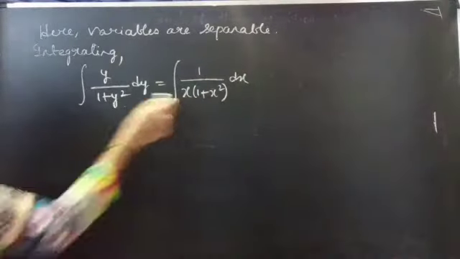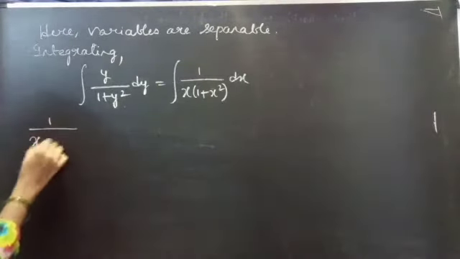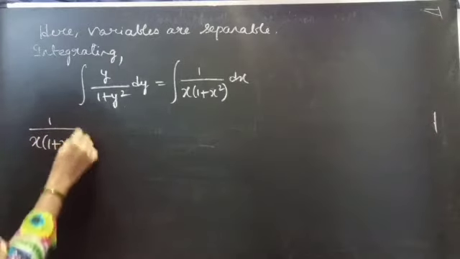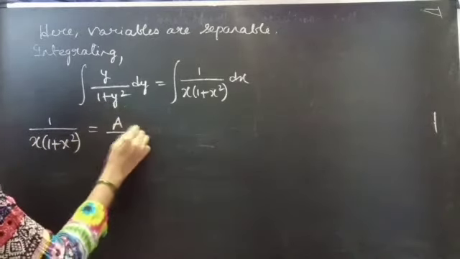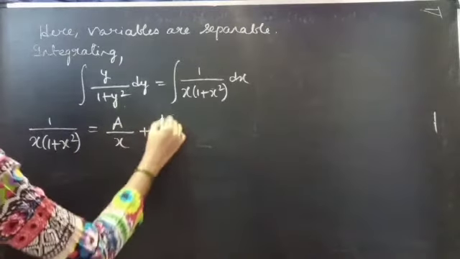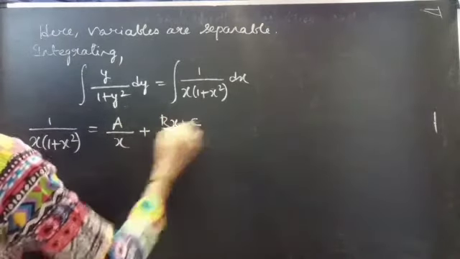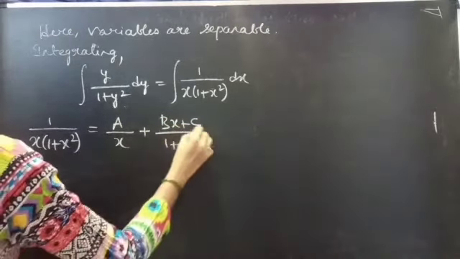Now consider the integrand of the RHS, 1 by x into (1 plus x square). You could write this as a by x plus (bx plus c) by (1 plus x square).